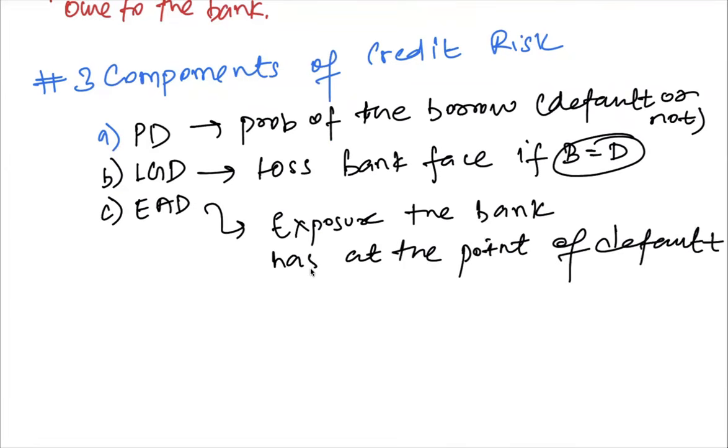Now, what will happen is we'll multiply all the three components, which is PD times LGD times EAD to arrive at UL, which is unexpected loss, or you can also say this as ECL.